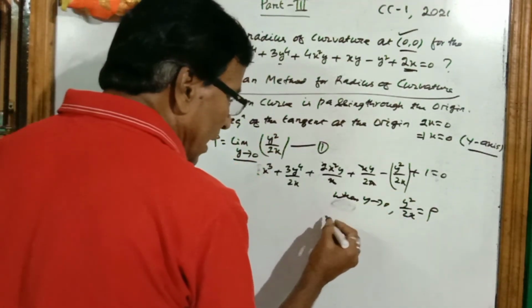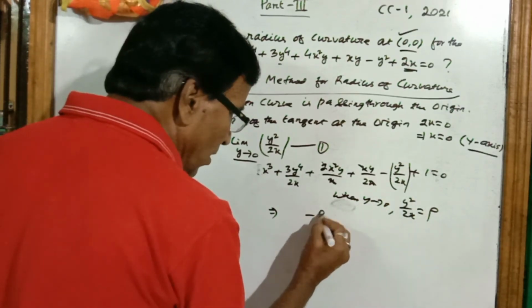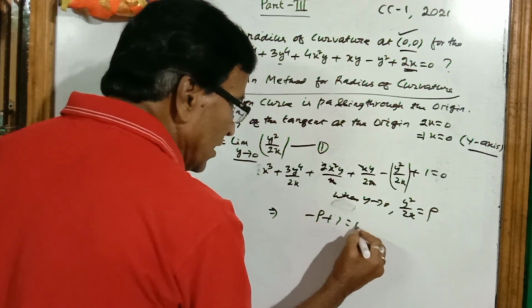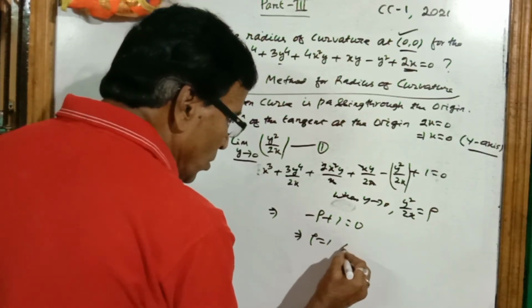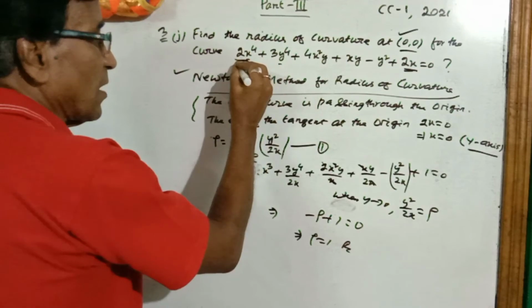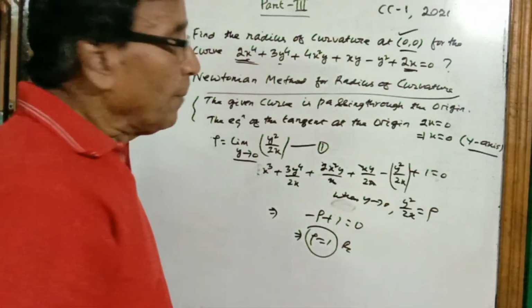So taking the limit y tends to 0, we get minus rho plus 1 is equal to 0. That implies that rho is equal to 1. So the radius of curvature of this curve is rho equal to 1. So that's all.